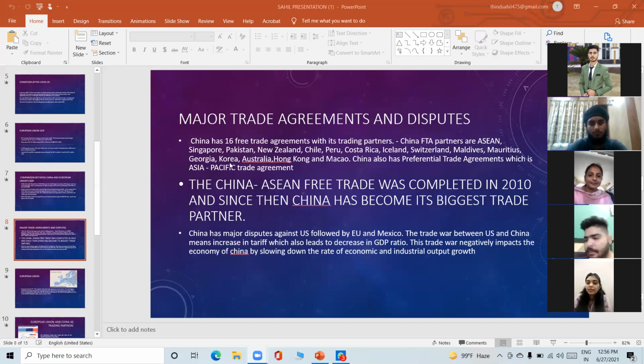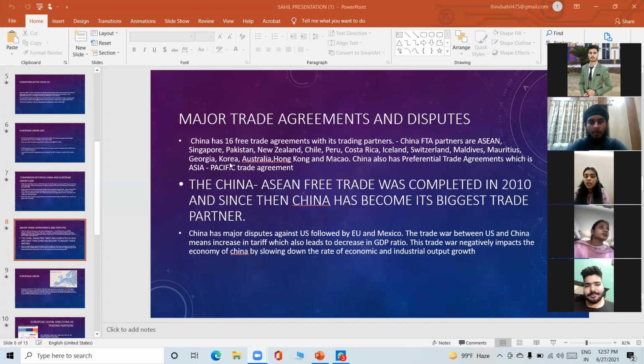So there are major trade agreements and disputes going on between China, the European Union, and different countries. China has 6 free trade agreements with its trading partners, which are ASEAN, Singapore, Pakistan, New Zealand, Chile, Peru, and so on. China also has a preferential trade agreement, the Asia Pacific Trade Agreement.